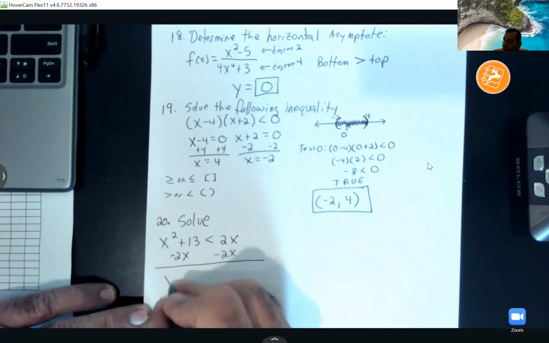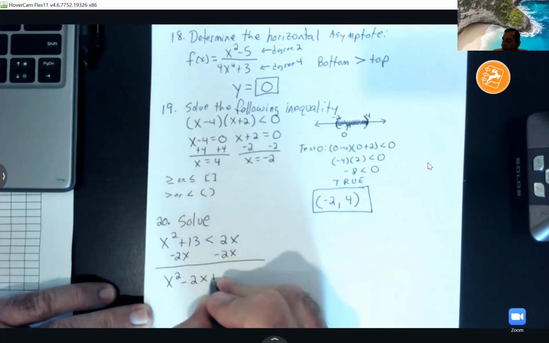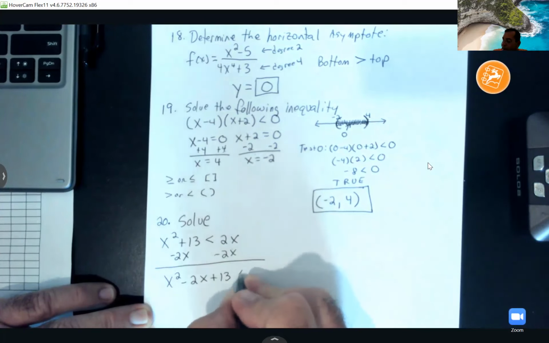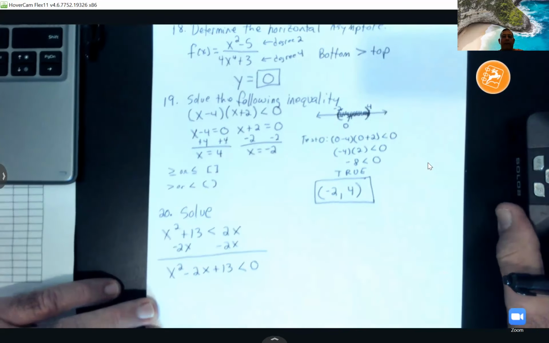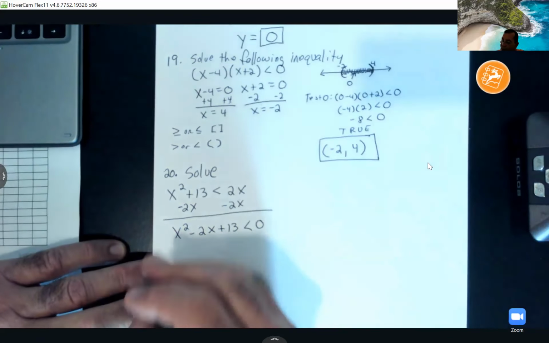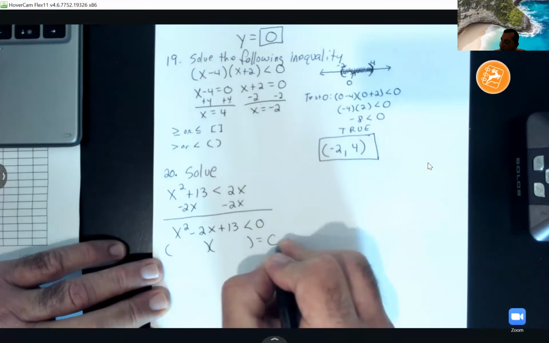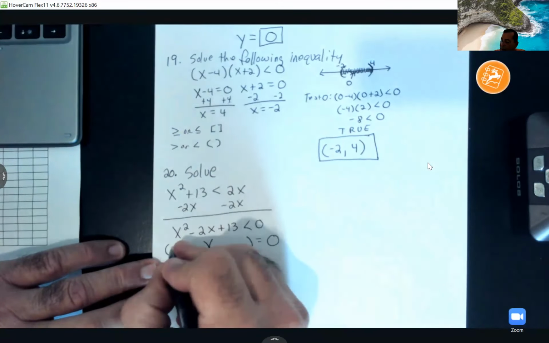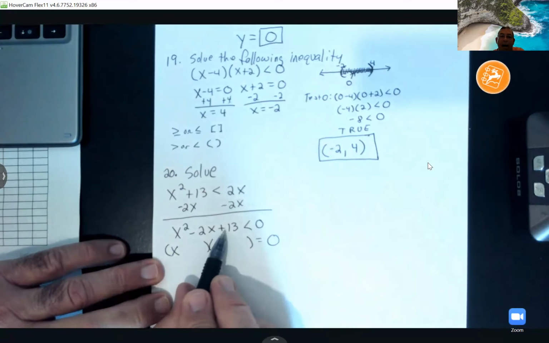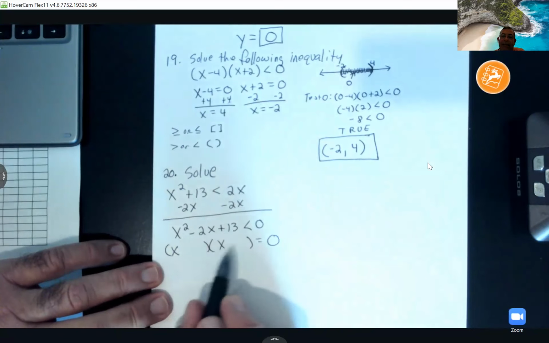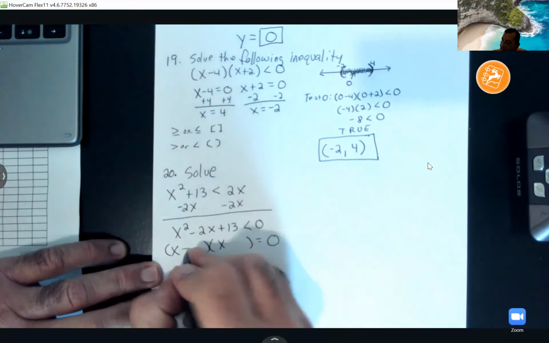So I get x squared minus 2x plus 13 less than 0. So now we're going to try to factor that and set everything equal to 0. So x squared is an x and an x. The 13 is positive, so I got like signs. And both of these will be negative like the middle.